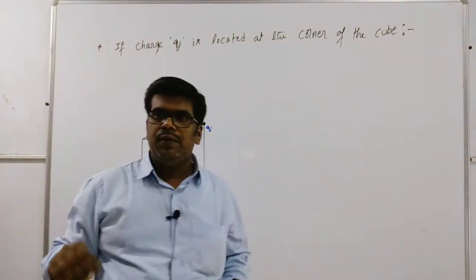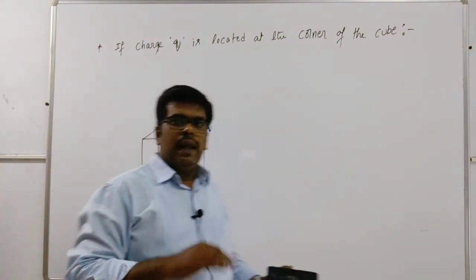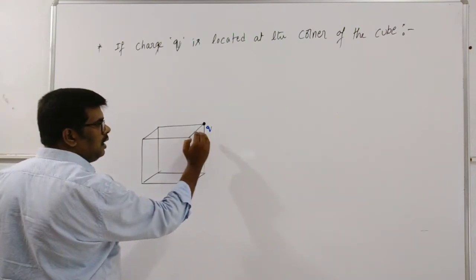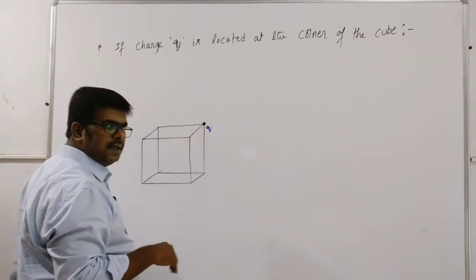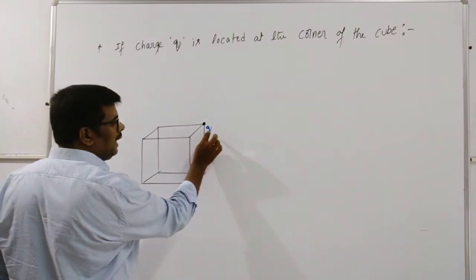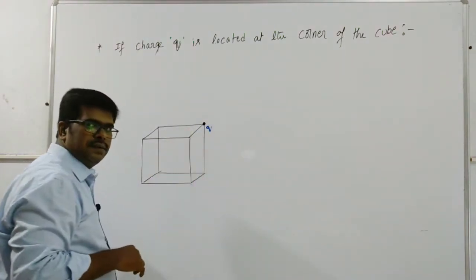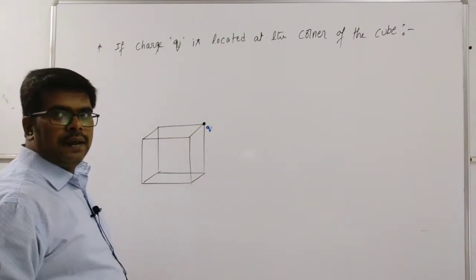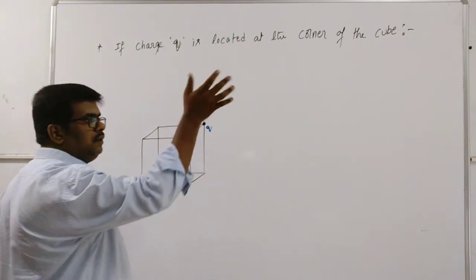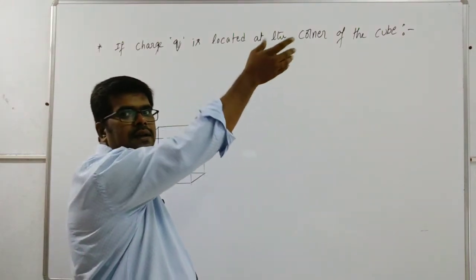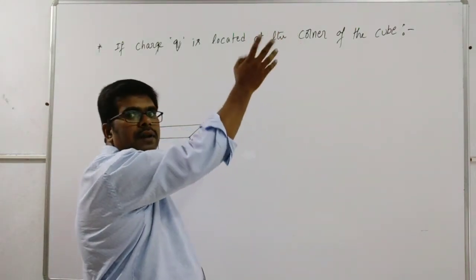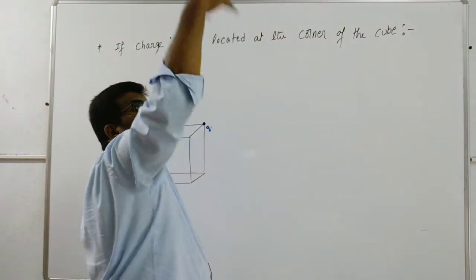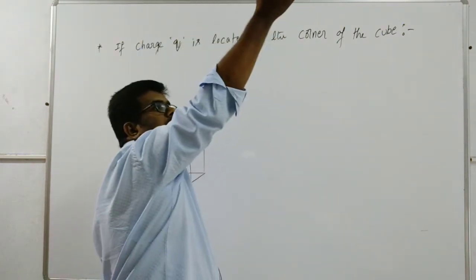Say in a room, if you take a room, you can understand this. If the cube is here, how many cubes do we need to construct to enclose this charge at the corner? The corner can be covered with one behind, one above, and on this side.